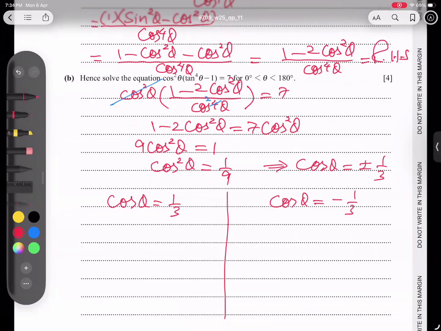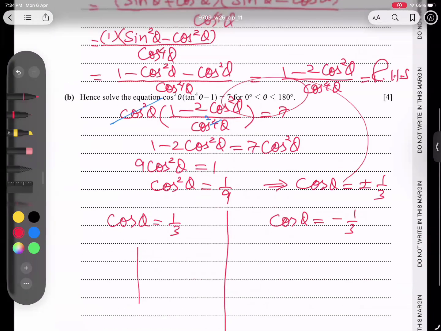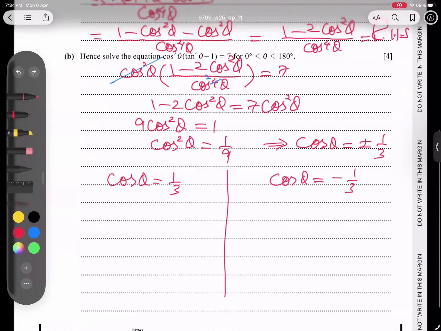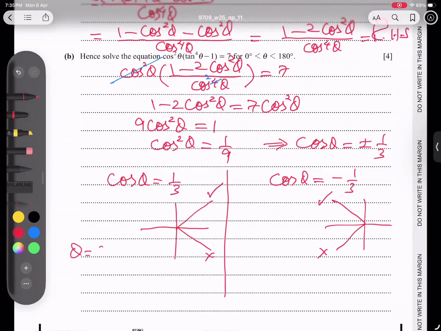Now I have to focus because we have to focus on the first two quadrants. 180 means first two quadrants. So cos is positive here, and this is out of range, this is in range. Negative here and here, this is out of range, this is in range. Here I take a cos inverse. But here I will also take a cos inverse.